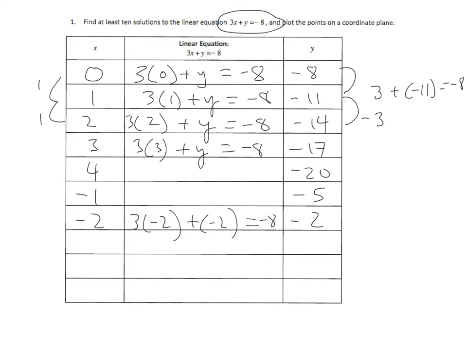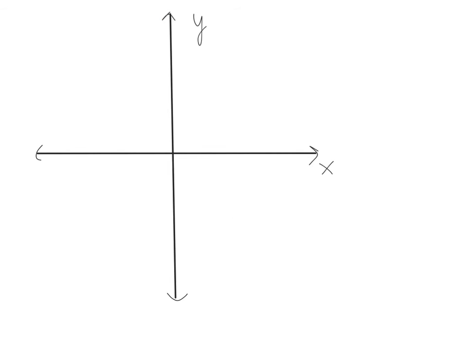So what I know is, if I flash over, when my x value was 0, my y value was -8. So I'm just going to put a point there. When my x value became 1, we said this went up by 3, so it was -5, so I had a point there. When my x value was 2, we were at -2, so we had a point there.